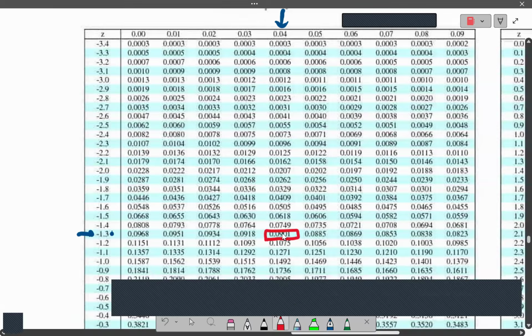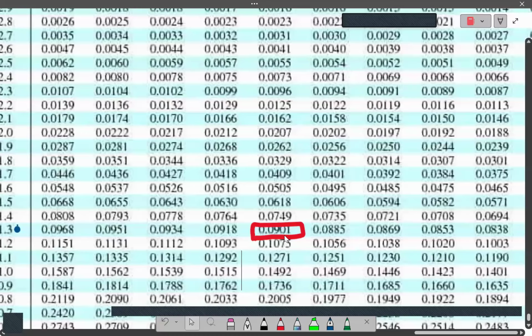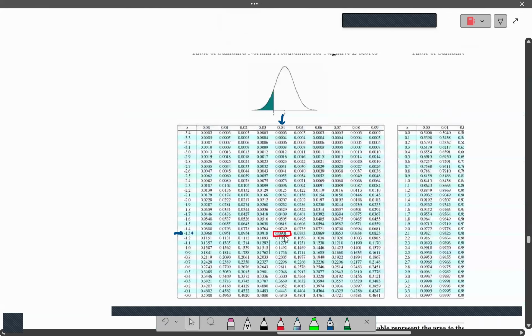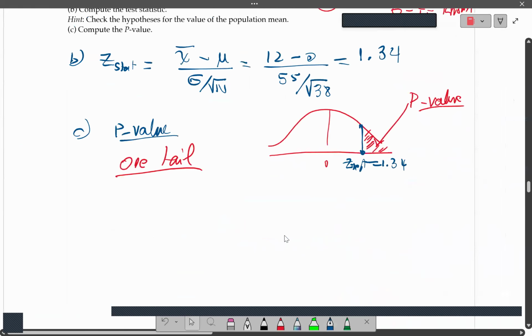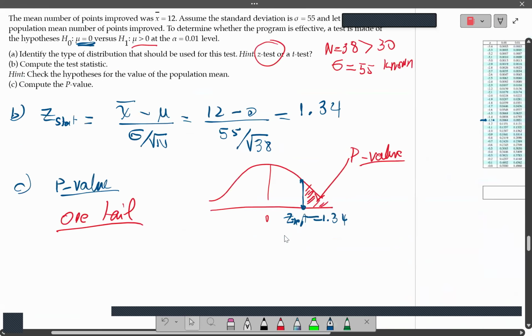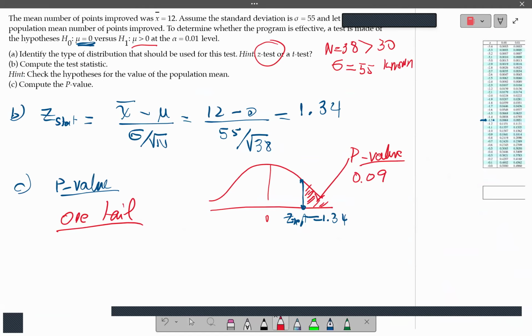Everybody okay? 0901, right? And you're all set. The p-value is going to be 0.0901.